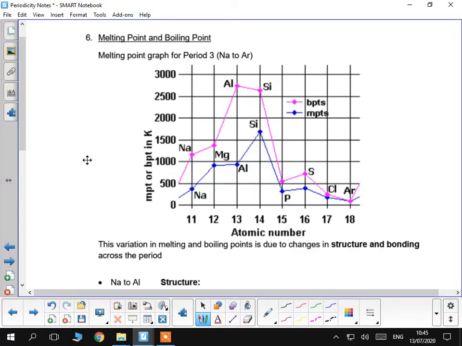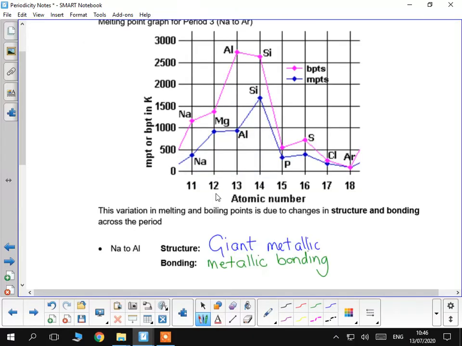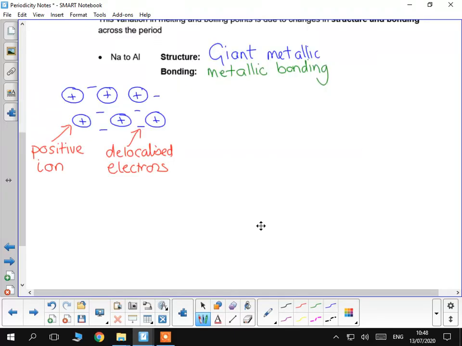So firstly looking at sodium and aluminium and why there's a big difference between those two. Both are giant metallic structures, both have metallic bonding. So we know within metals we have our positive metal ions surrounded by a sea of delocalized electrons, and it's that attraction that makes our metallic bond.